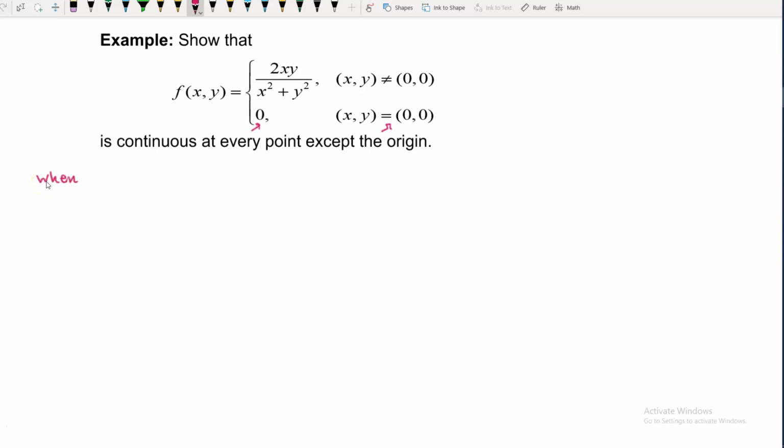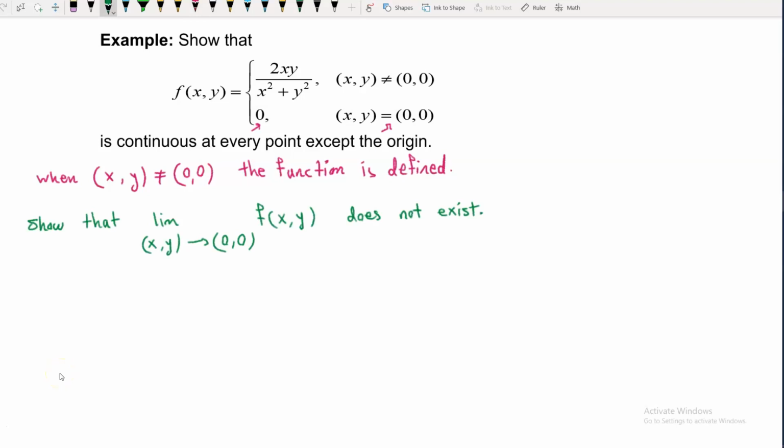When the point x, y is not the origin, this function is defined at every point. To show that the function is not continuous at the origin, we need to show that the limit as x, y approaches 0, 0 of our function f of x, y does not exist.